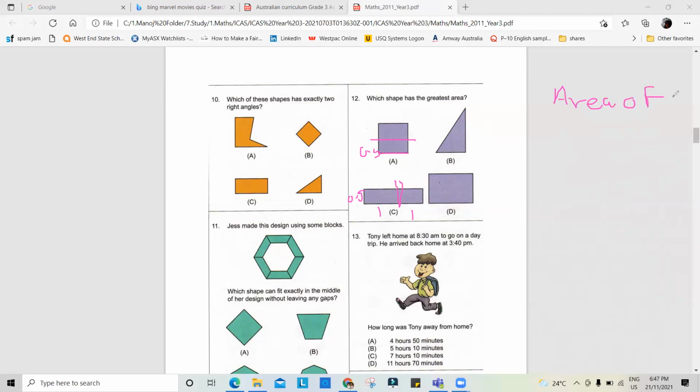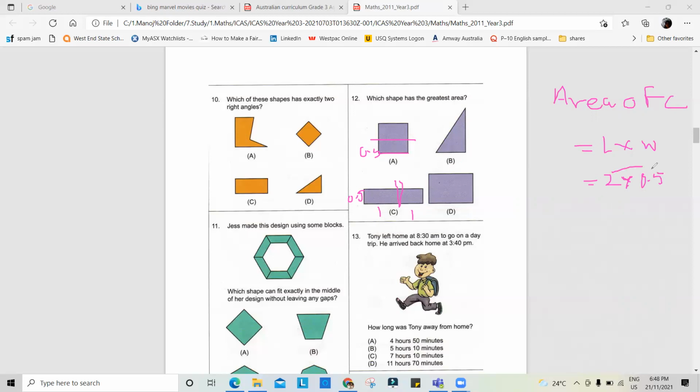The width is 0.5. Then area of C equals length multiplied by width. Length is how much for this one? If this portion is 1 and this one is 1, how much length? 2. 2, exactly. What is the width? 0.5. Right, good job.